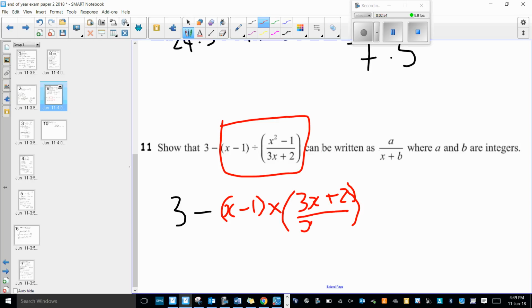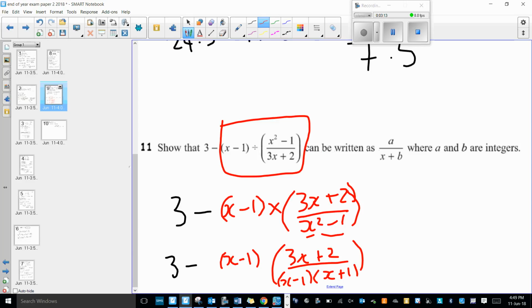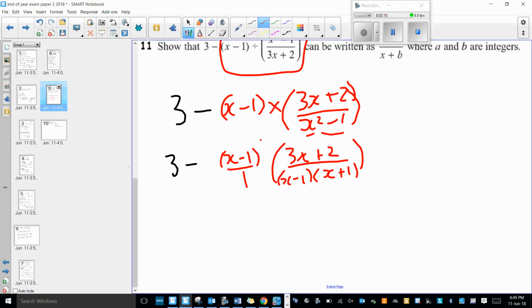We should notice this is a difference of 2 squares, so we've got that on the bottom, and that's equally over 1. We can cancel these out because we've got the same thing top and bottom, and merge the fractions together. So we've now got 3 subtract 3x plus 2 over x plus 1.